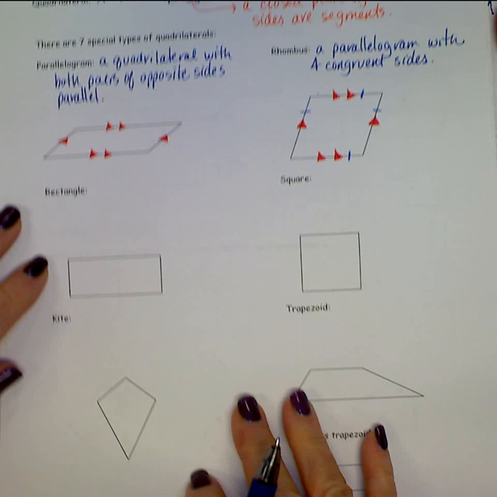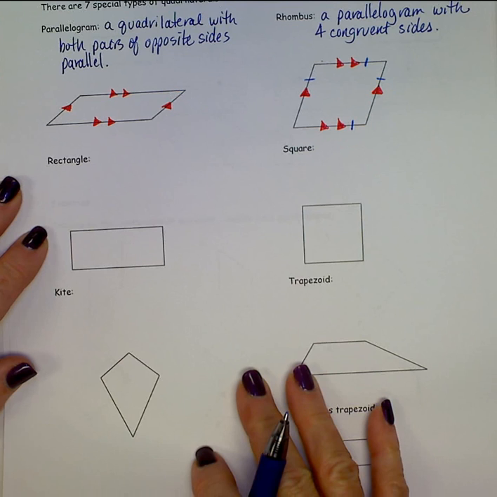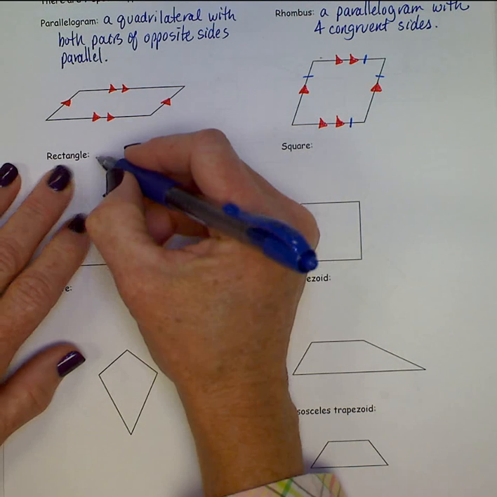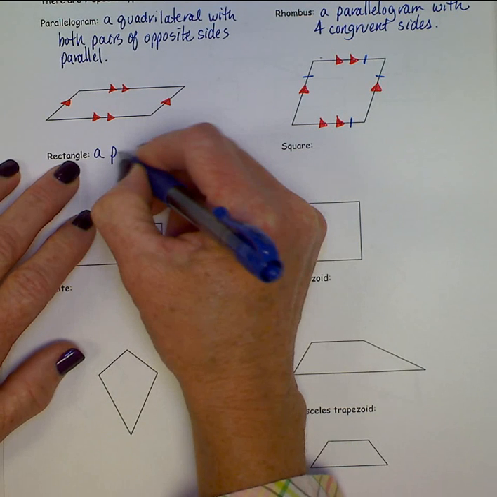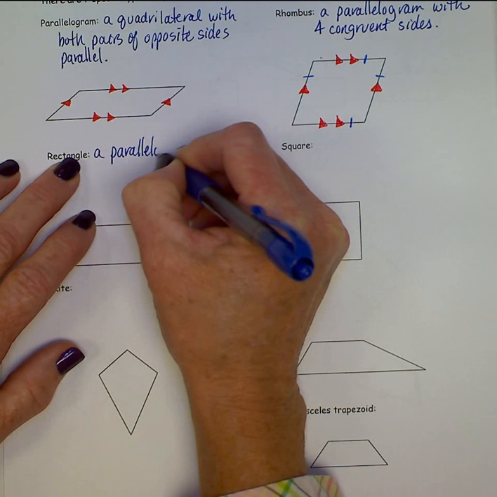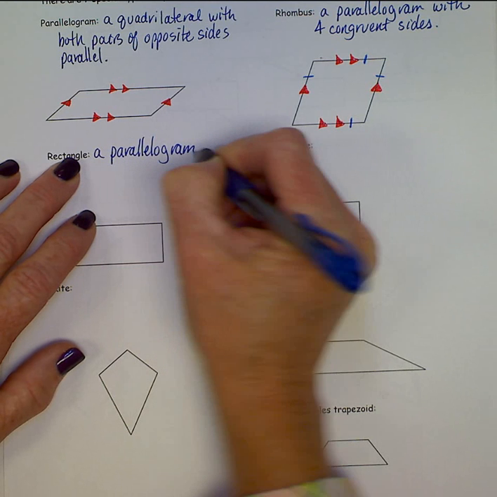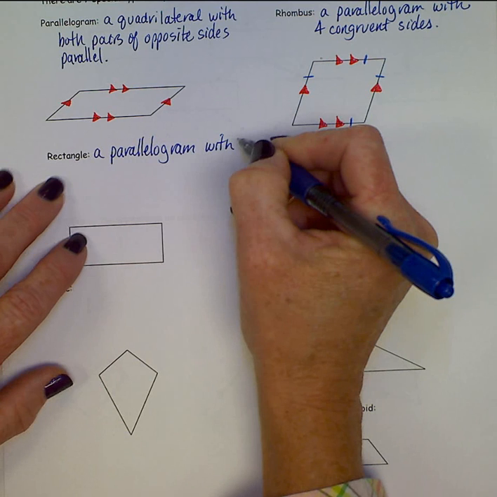A rectangle is a parallelogram with 4 right angles.